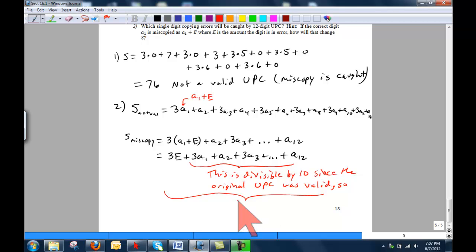Let me write something down about that. This latter piece is divisible by 10, since the original UPC was valid.